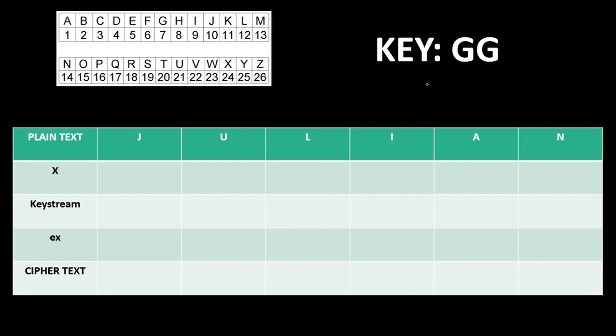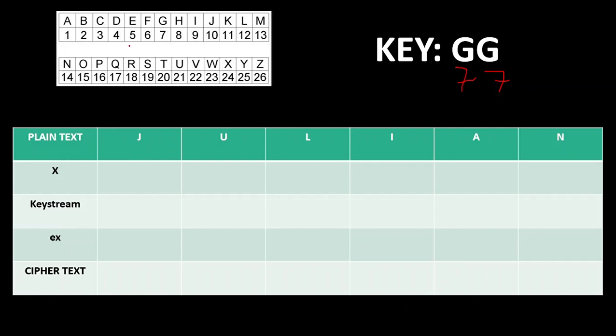But that's it. Okay, so the key is GG. So what we have to do here is, first let's find G here. It's 7. And 7 again. So now we have to find the numerical values of these letters.